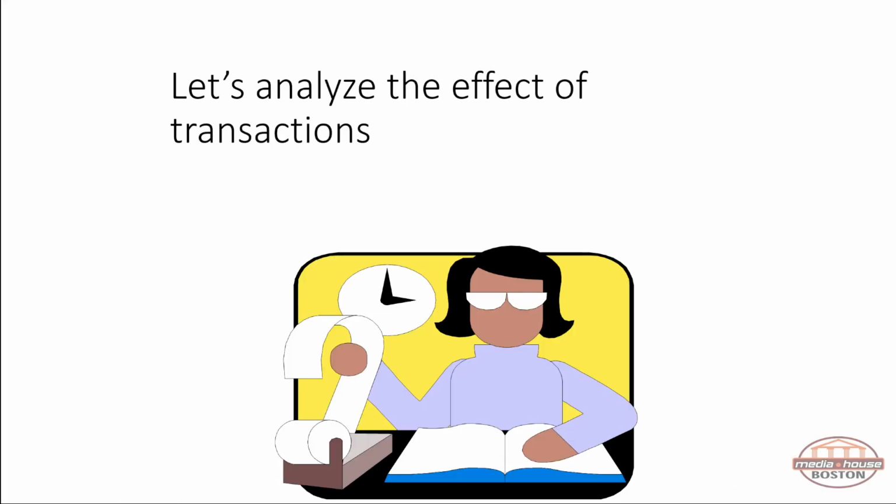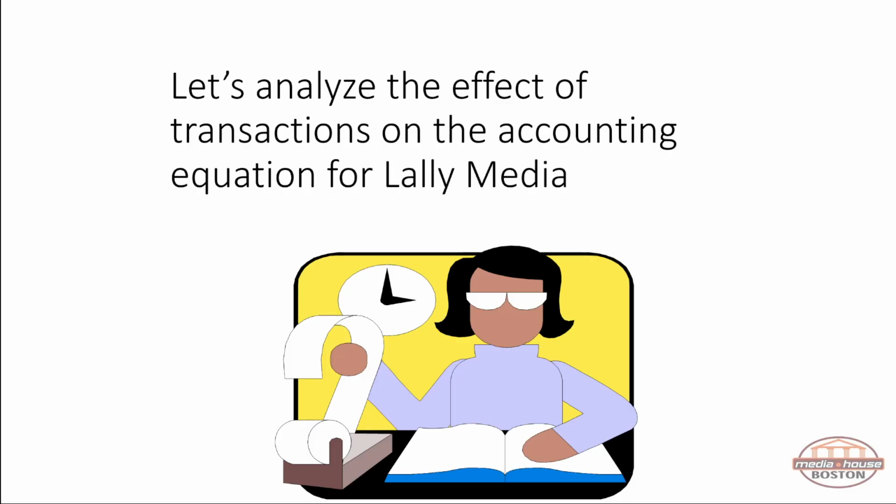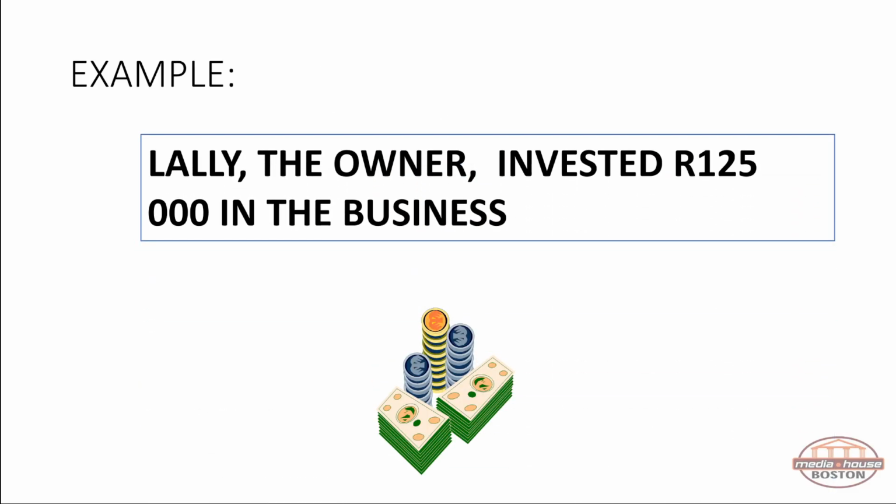So let's analyze the effect of a transaction on the accounting equation for Lali Media Company. We have the following example. Lali is the owner of the business and she invested 125,000 in the business.